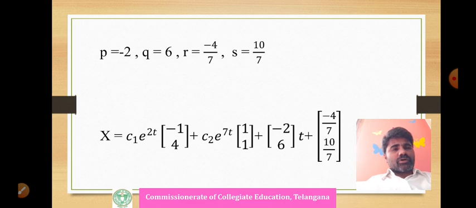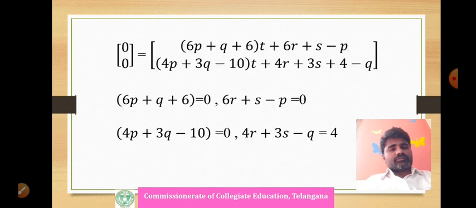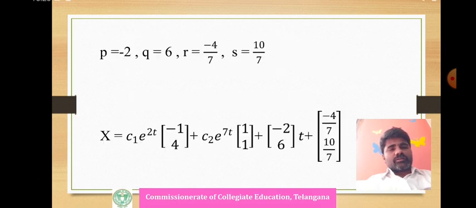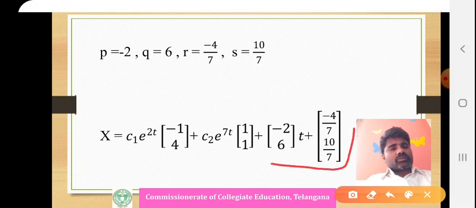Now substitute all these values in the particular solution. The particular solution is minus 2, 6 into t plus minus 4 by 7, 10 by 7.